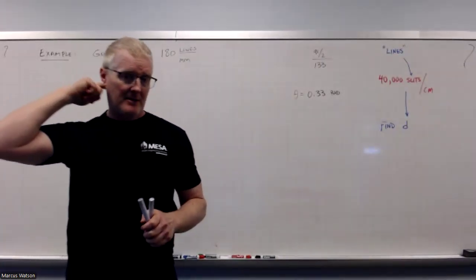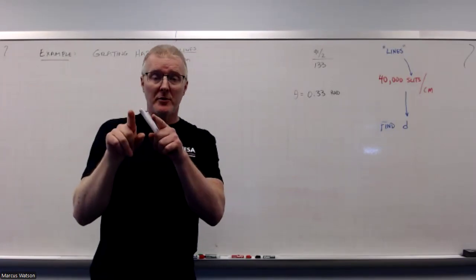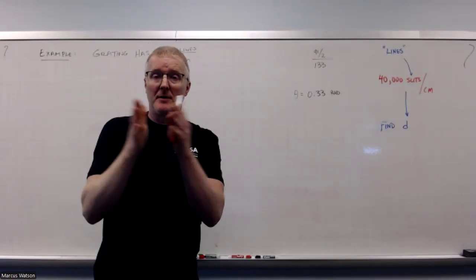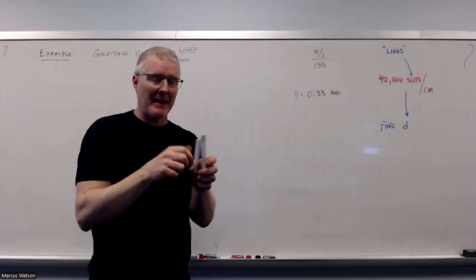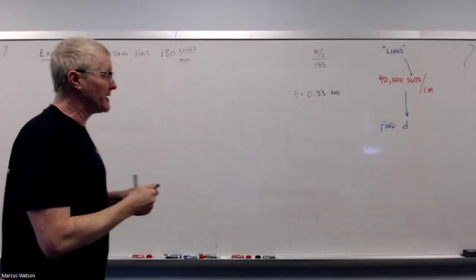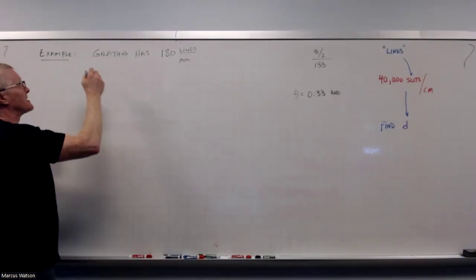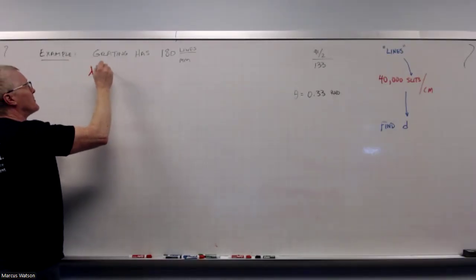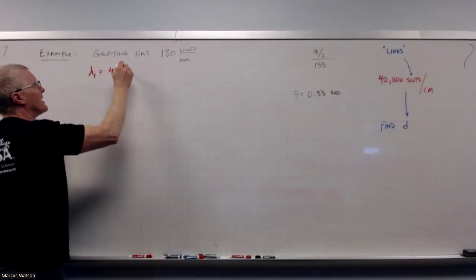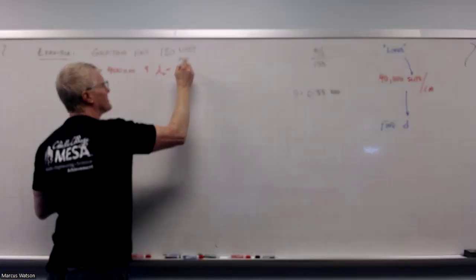We have only two wavelengths, and when we shine them through, they're going to get separated. They'll be coincident at the central maximum, but they will be angularly separated when we start looking at the first and second maximum. We're going to shine through lambda 1 of 400 nanometers and lambda 2 of 500 nanometers.